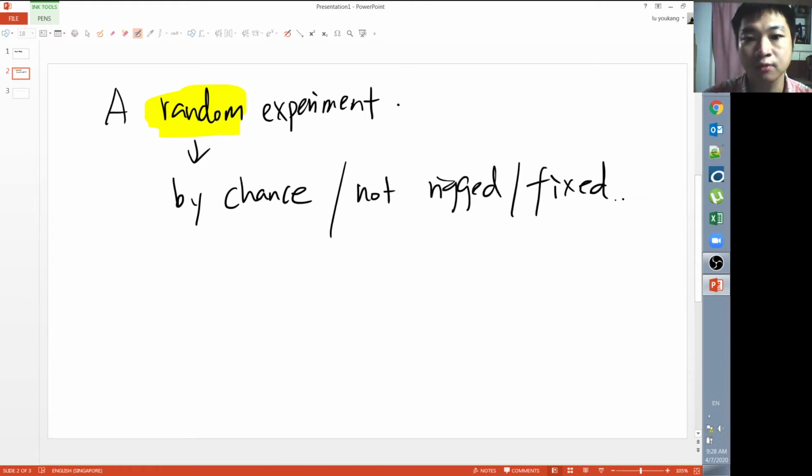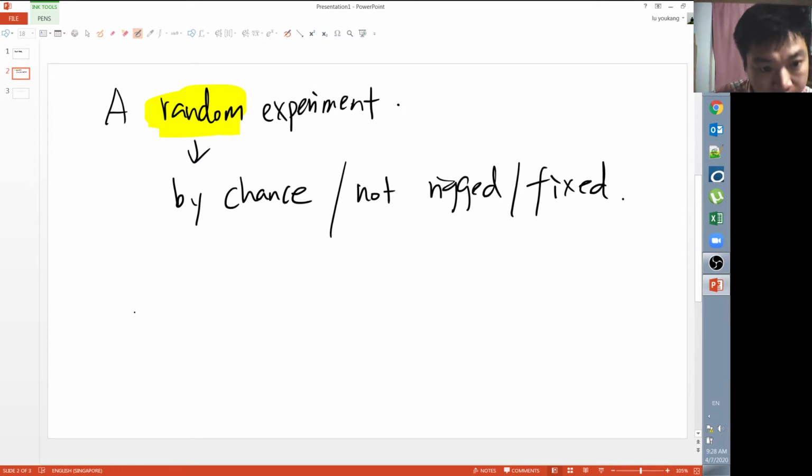So you can't determine it. No one can determine this experiment. It's simply by chance. Or sometimes people call it by the hand of God. So that's the meaning of a random experiment.